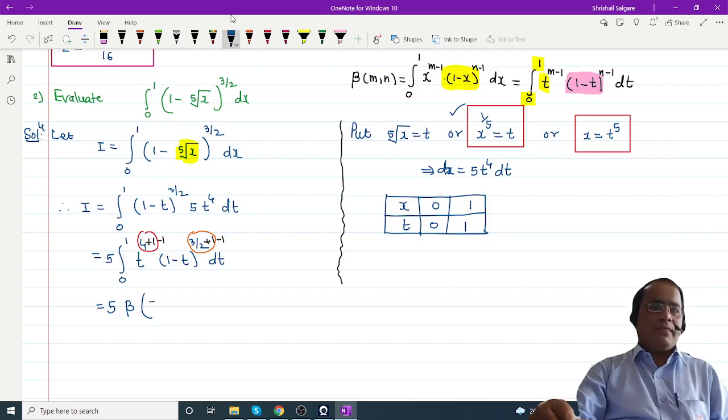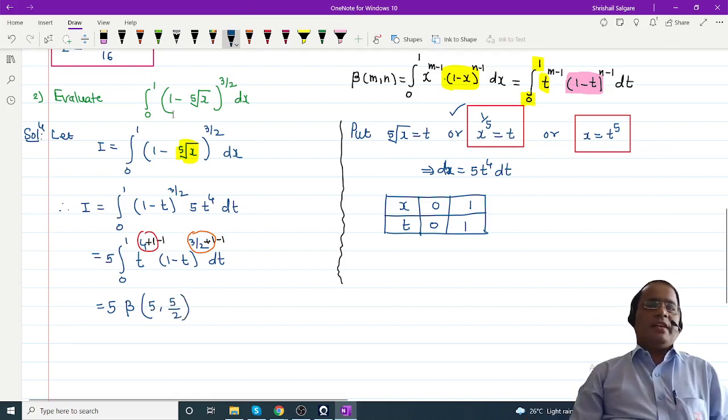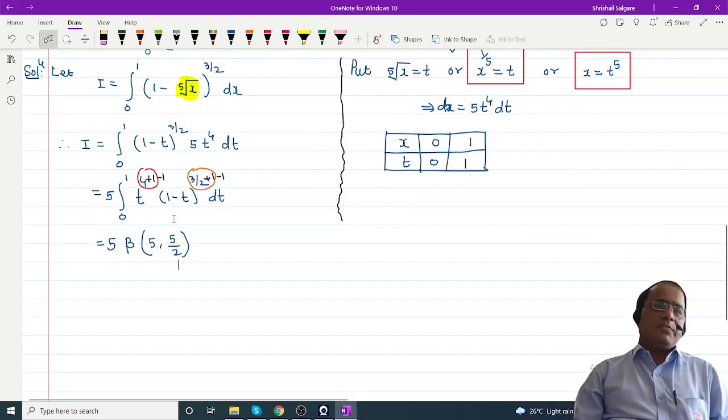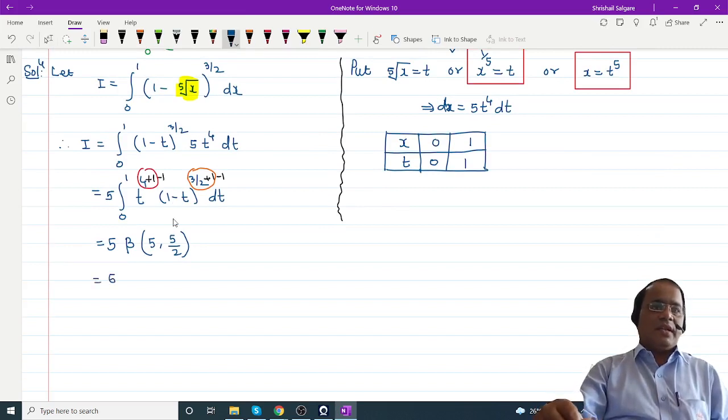Beta of 5 and 5 by 2. So that is the evaluation of that integral in terms of beta. Further I will simplify that integral by using the relation between beta and gamma. This is given as 5 into gamma 5 divided by, yes, what is the addition?